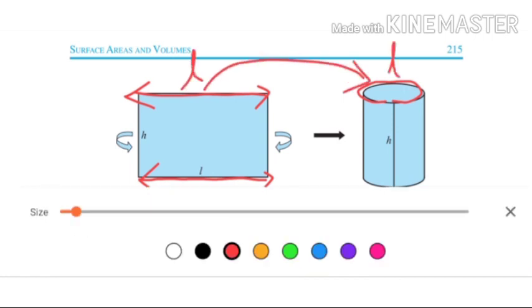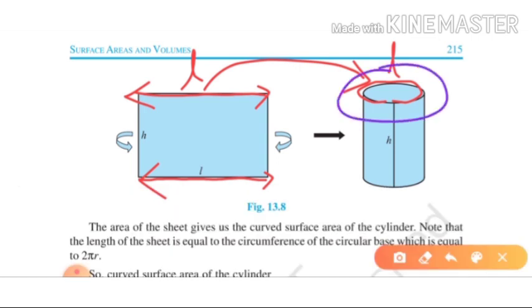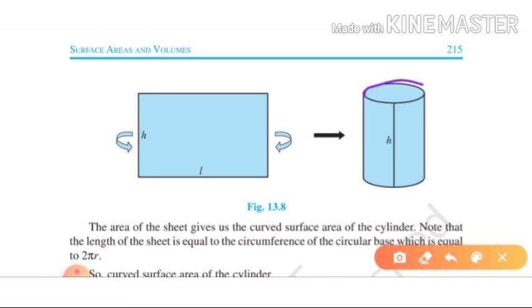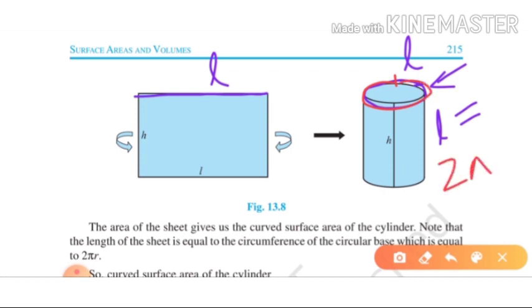and it forms a circular region. This is the circular region, and this is the same as this one, which is L. Here also it is L. Now as it is forming a circle, this L is equal to the circumference, from here to here, and we know the circumference of the circle is twice pi r.